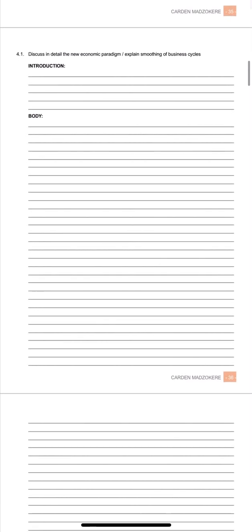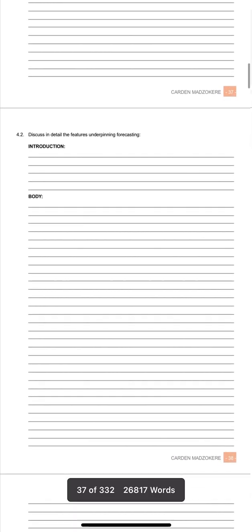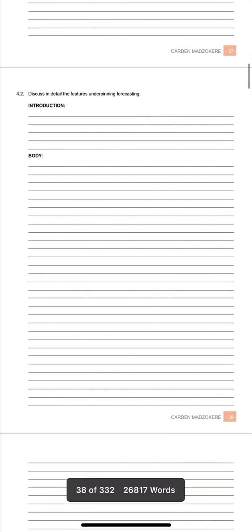Then under business cycles, we have 2 essays. Here's the first one. Discuss in detail the new economic paradigm, or explain smoothing of business cycles. So this is the one I was talking about just now. Then the last one is discuss in detail features underpinning forecasting.